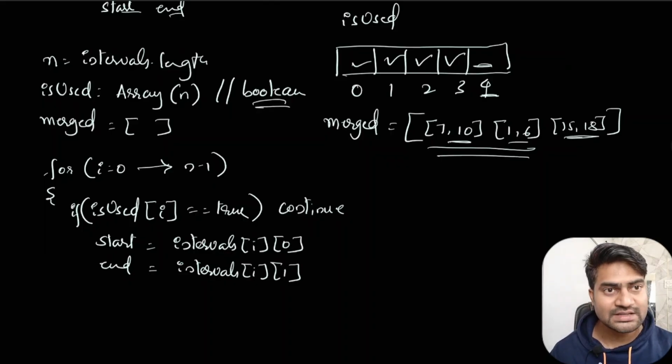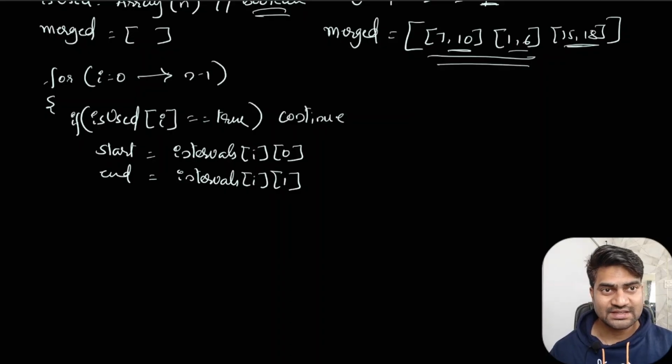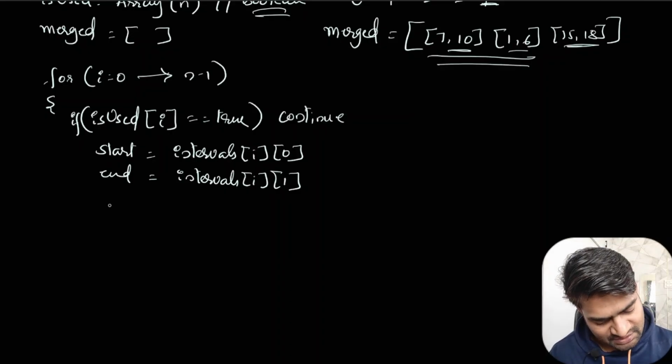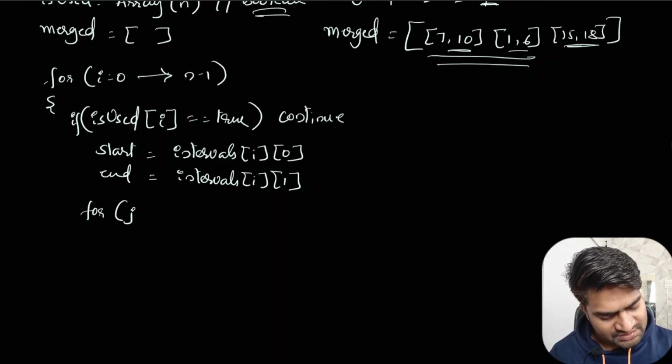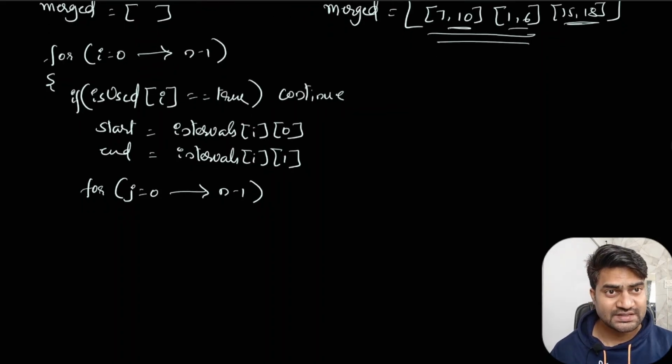So this will give us the end number. After that, what we did, we scanned the remaining elements. Correct, right? So for that I will use another for loop, for j equal to 0 till n minus 1. Whenever that particular interval is not used.